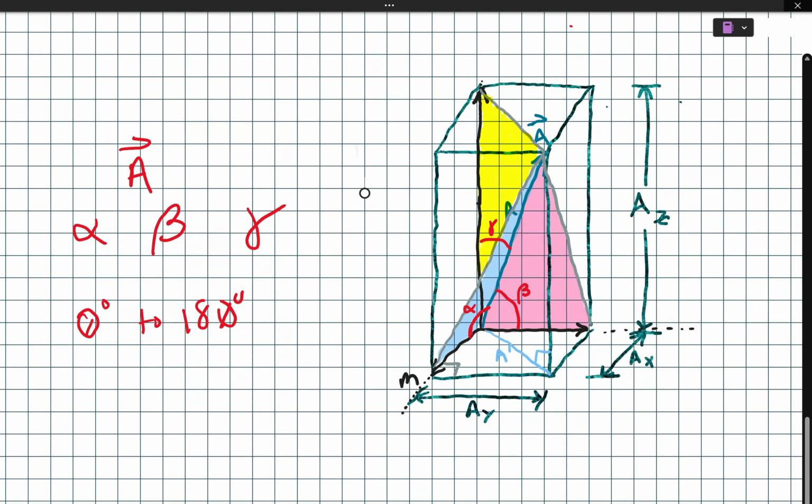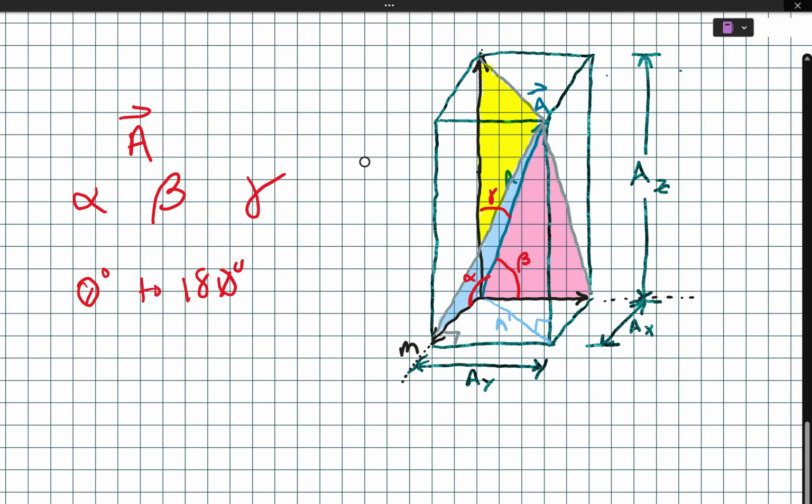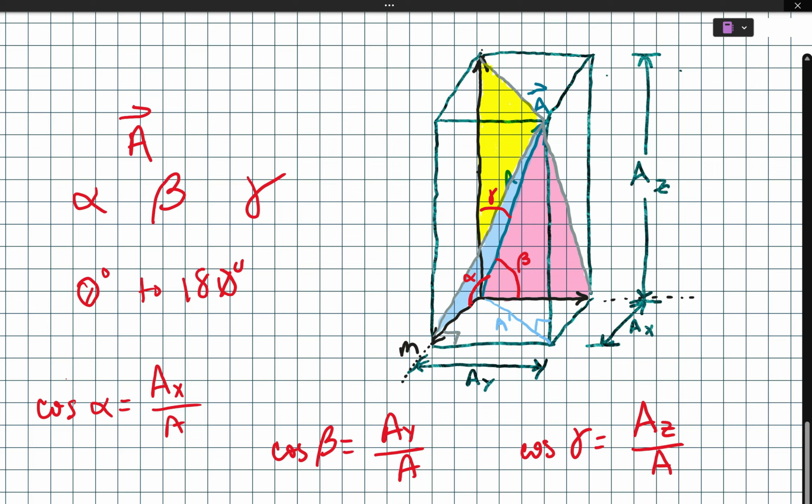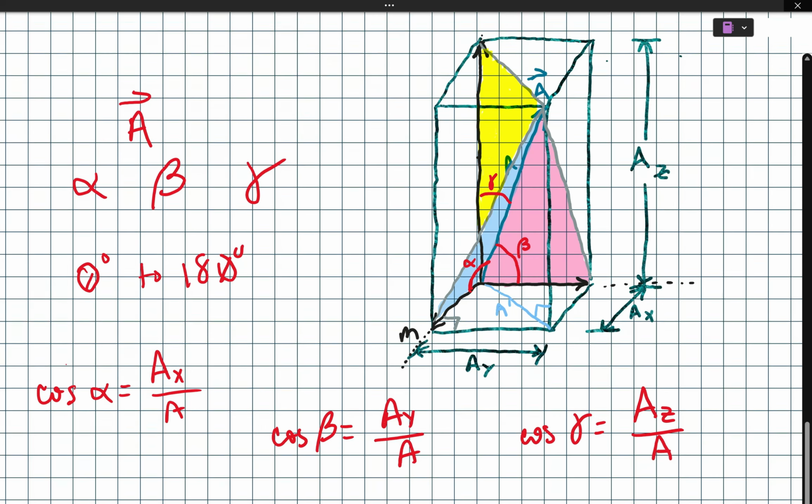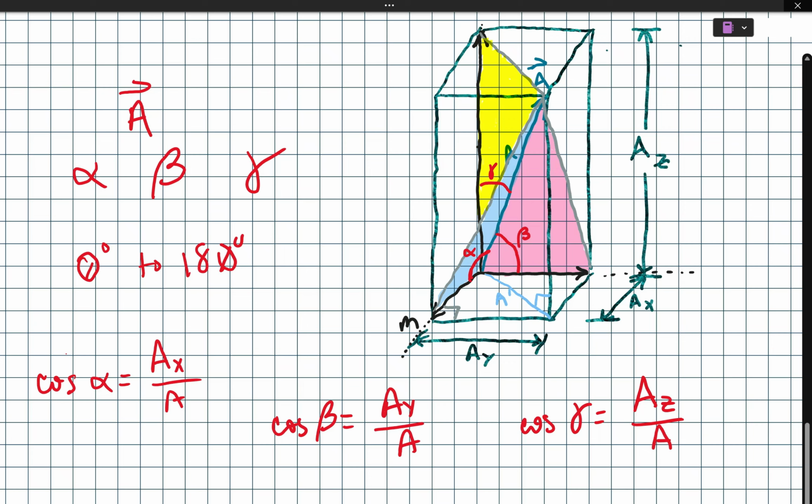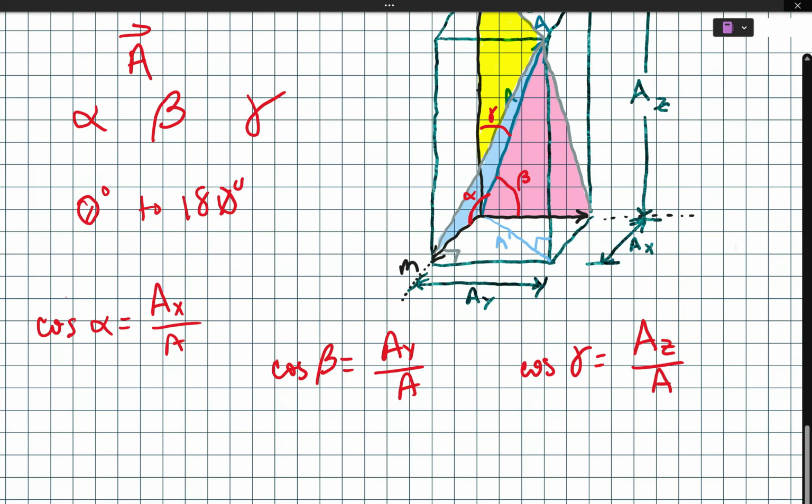Then using trigonometry, direction cosines are found by using cosine of alpha is a sub x over A, cosine of beta is a sub y over A, and cosine of gamma is a sub z over A. These angles are not independent.